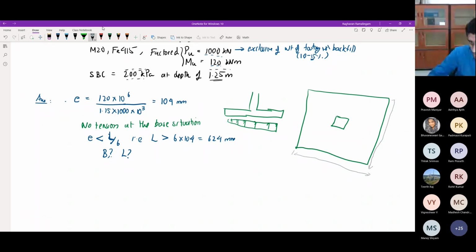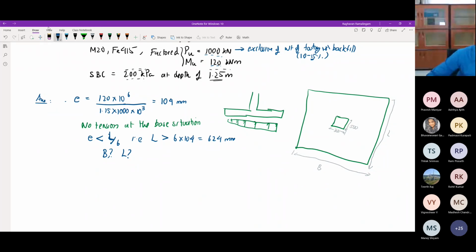If this is the longer side of the footing, the column also has to have its longer side along that direction. So this is the shorter side of the footing, and it should also be the shorter side of the column. Usually I take the shorter side as B and the longer side as L. It's interchangeable, no problem.